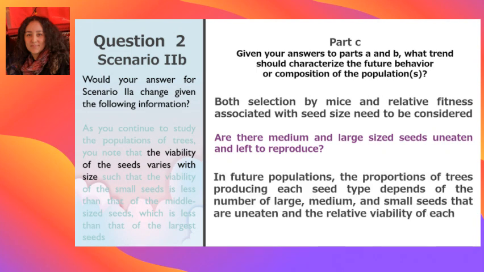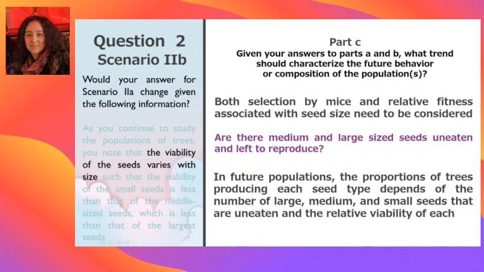So the future population, and the proportion of trees producing each seed type depends on the number of large, medium, and small seeds that are uneaten and the relative viability of each.